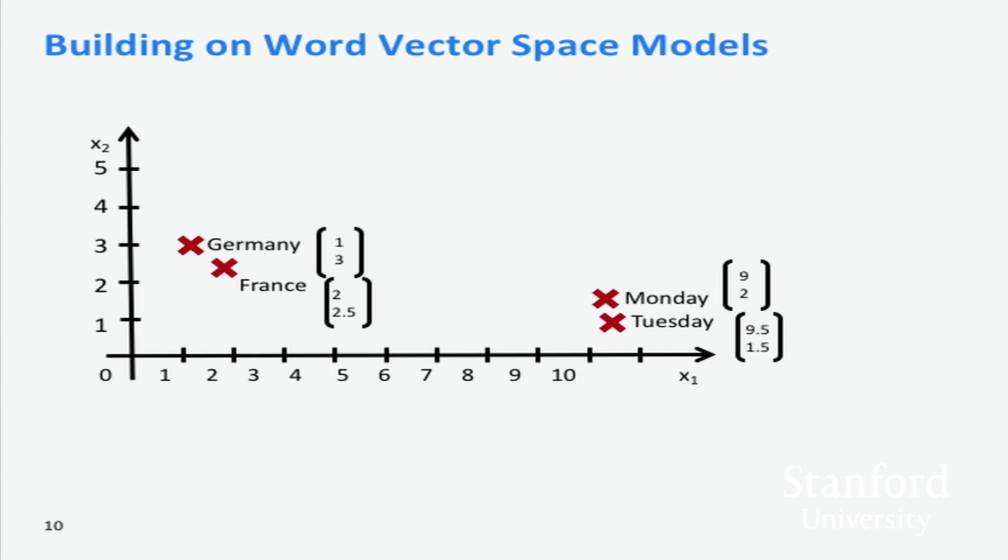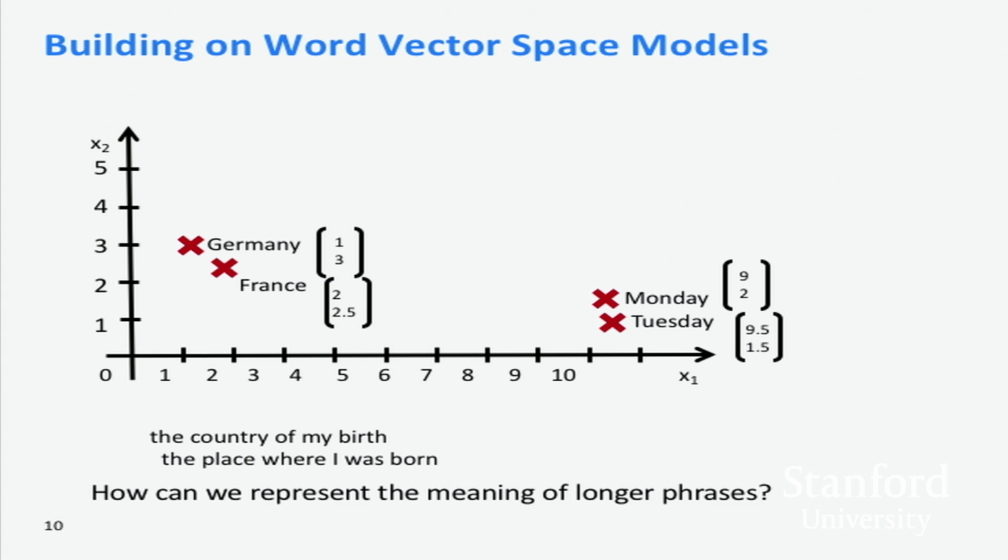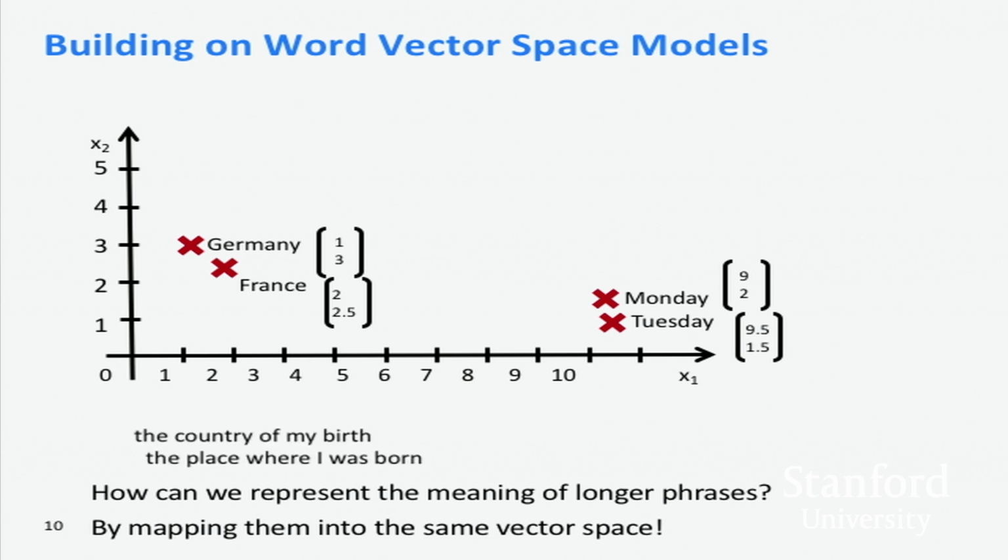What we'd like to be able to do is say, as well as just single words, we have larger constituents. So we have noun phrases like the country of my birth or the place where I was born. And we'd also like to understand the semantic similarity between those phrases. And the idea that we're going to develop to answer how we can do that is to take bigger units of linguistic structure and also work out how to calculate their meaning as vectors and place them in exactly the same vector space.